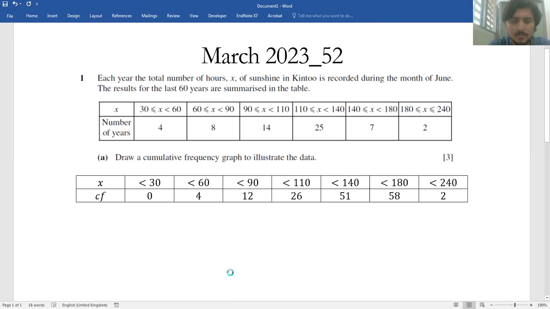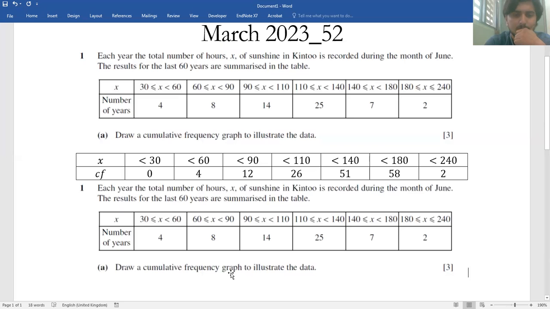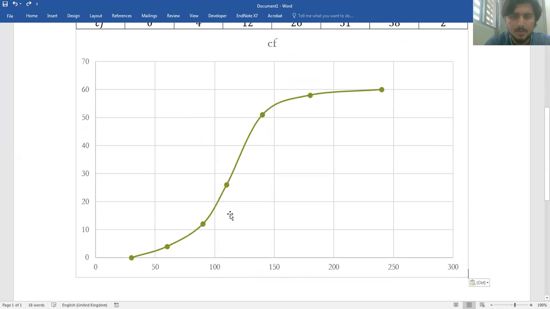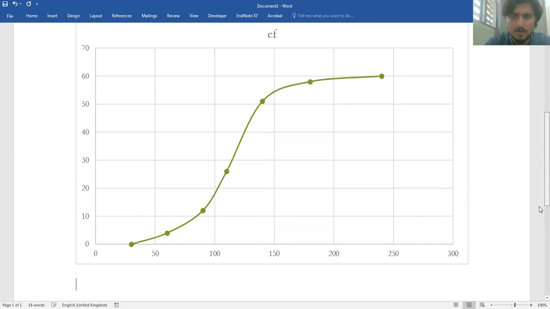We paste it over. Class. So this is the kind of graph that we get once we plot all the points.